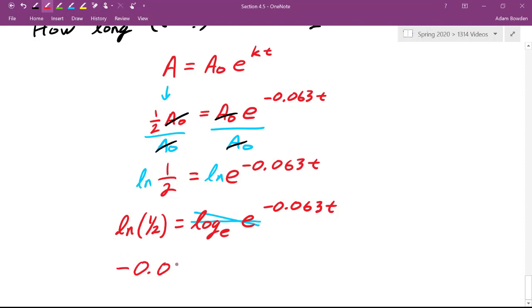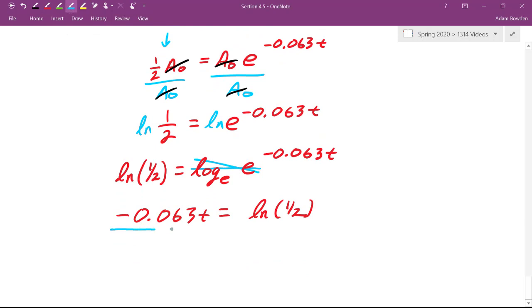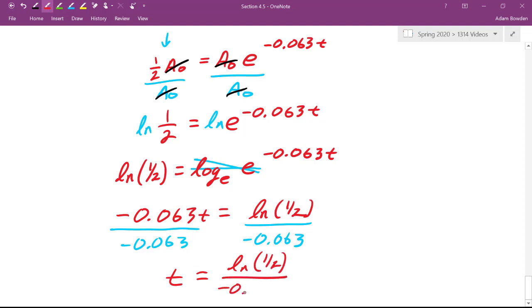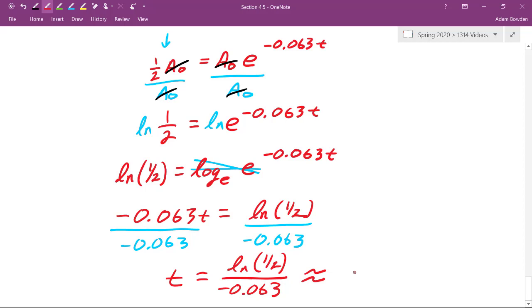So negative 0.063t is equal to ln 1/2. And we can divide both sides by the decimal. And so now we can figure out what t is equal to. If we put that in the calculator, it comes out to be approximately 11, rounded to the nearest whole number, 11, in this case dealing with half-life, years. So it takes 11 years for half of the substance to disintegrate.